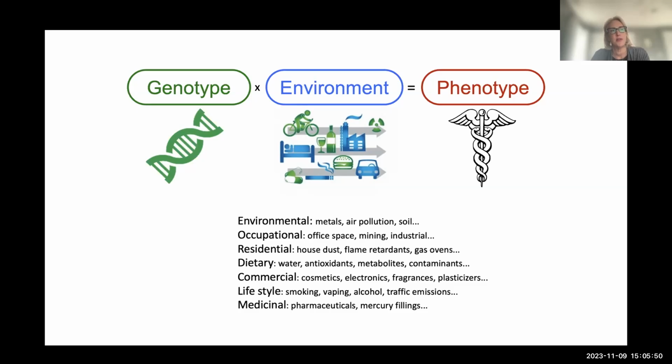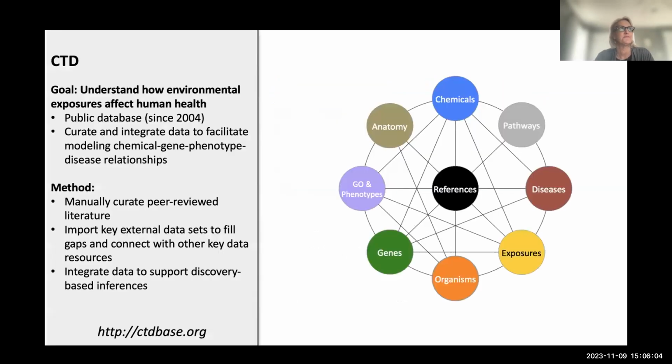For the purposes of CTD, we have a narrower focus in the sense that we are looking at chemicals that are in the environment, and they can, of course, come in lots of different forms and exposure routes. The goal of this database as a whole is to help understand how environmental exposures affect human health. This schematic shows a very high-level view of the overall content in the database.